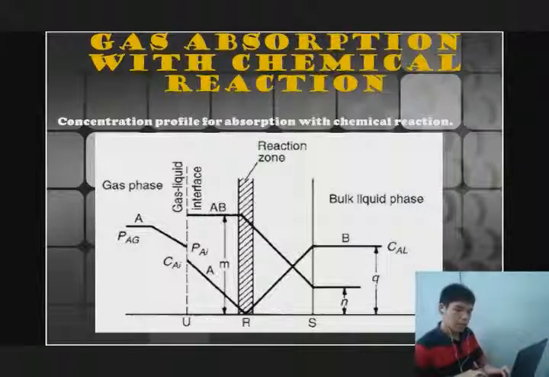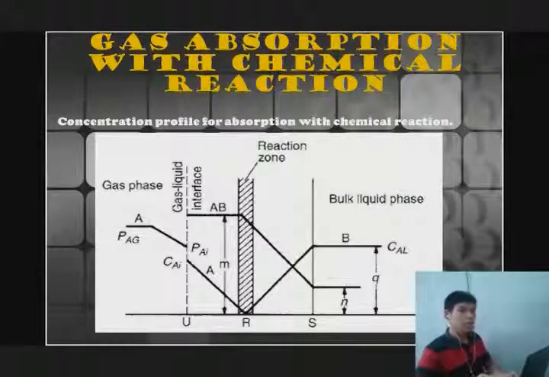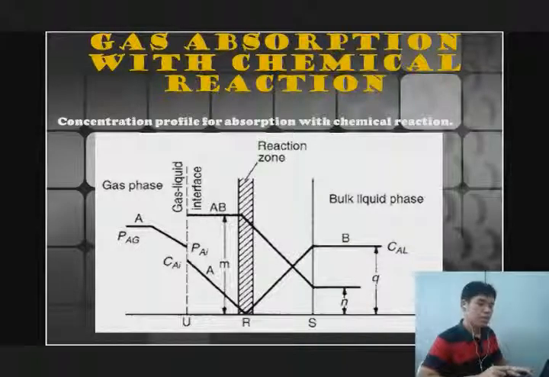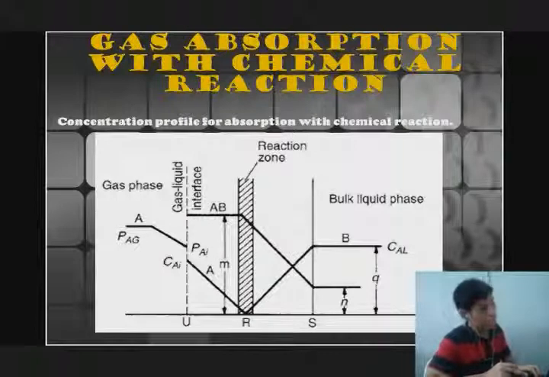In this figure, the plane of the interface between gas and liquid is shown by U, the reaction zone by R, and the outer boundary of the liquid film by S. Then A diffuses through the gas film as a result of the driving force PAG to PAI, and diffuses to the reaction zone as a result of the driving force CAI in the liquid phase.